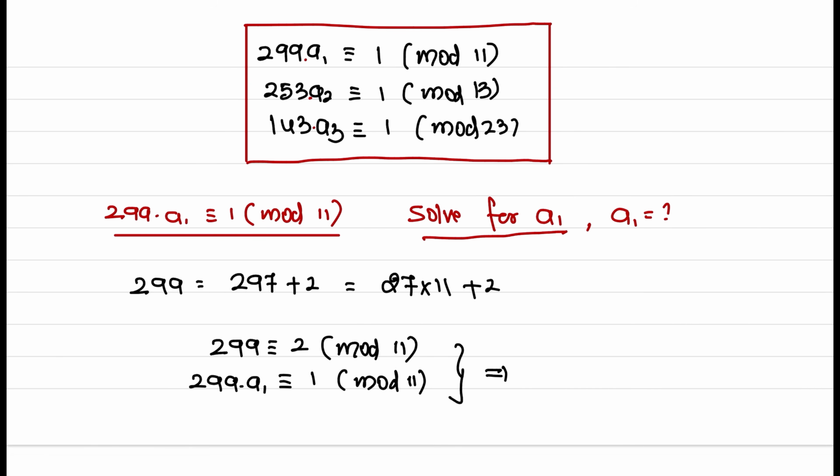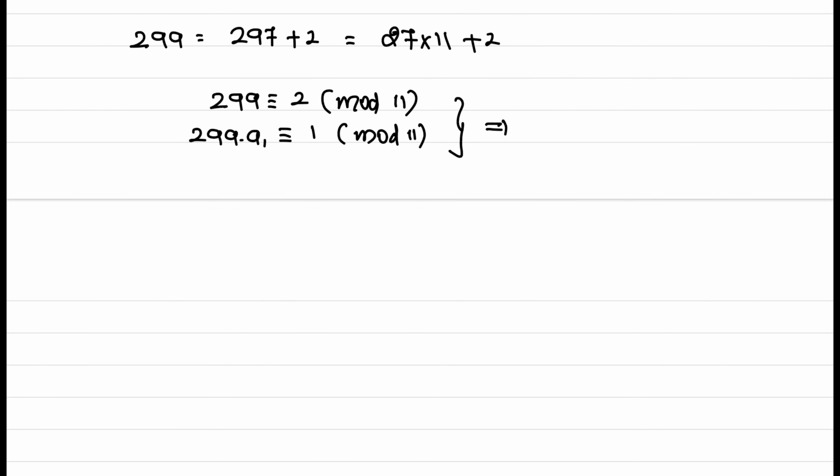From these two, instead of 299, we will replace it with 2. Then it becomes 2A1 is 1 mod 11.